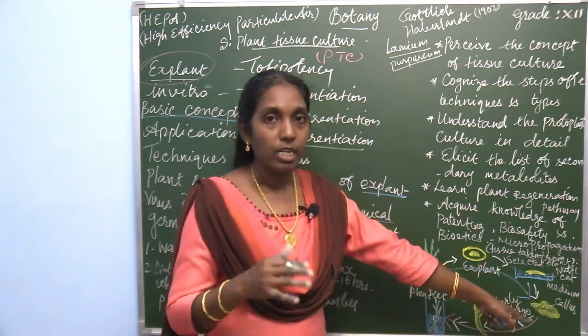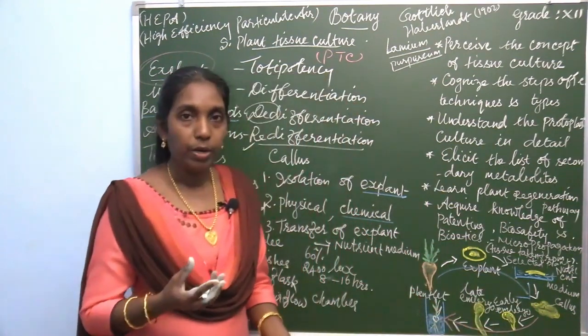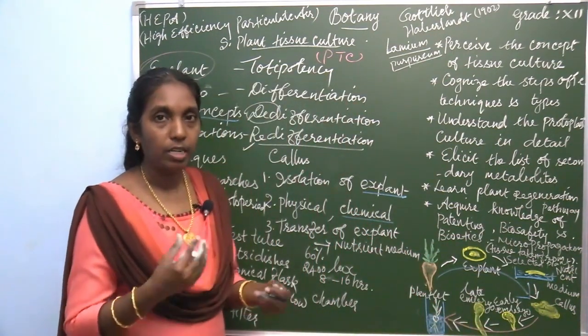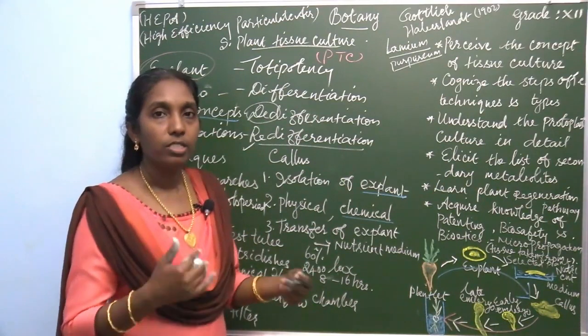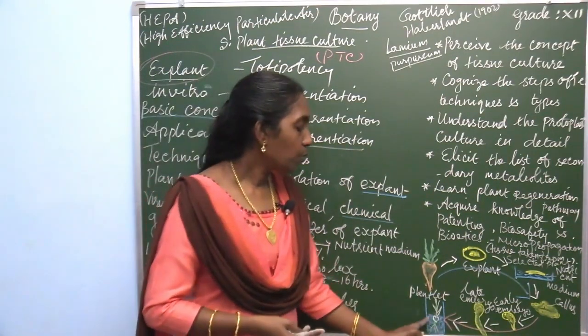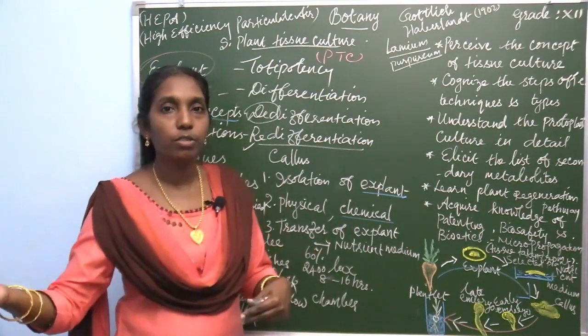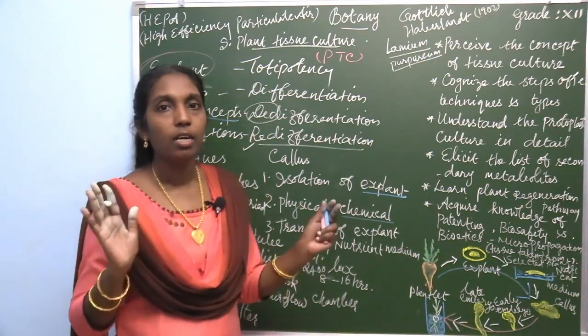So the next process is callus formation. From callus it develops the embryo. So callus formation, development of callus, inoculation, incubation, and at last hardening. So a number of plantlets can be produced. Now this plantlet is transferred to direct environmental condition, which is the process.